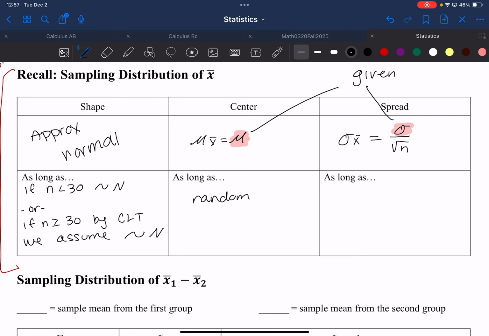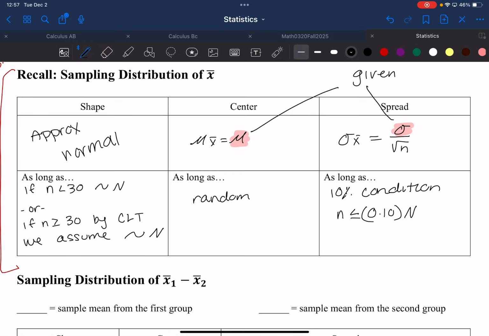And then we know that the standard deviation formula is true as long as what condition is satisfied? This one didn't change from proportion. The 10% condition. And remember, that is that the sample size has to be less than or equal to 10% of the population size.